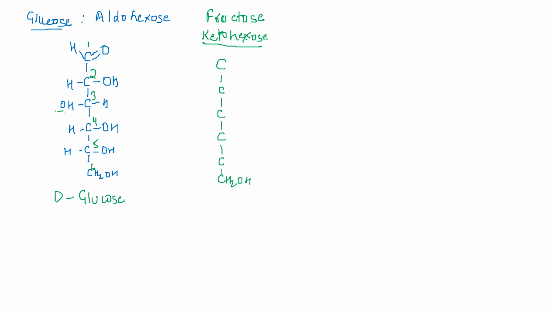Because it has a ketone group, C2 is the carbonyl carbon. C1 will be CH2OH, and the remaining OH groups will be like glucose, with H, H. Okay, simple. This is the structure of D-fructose.